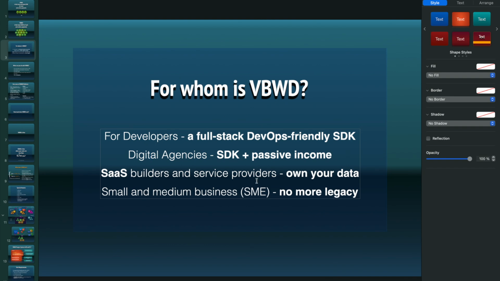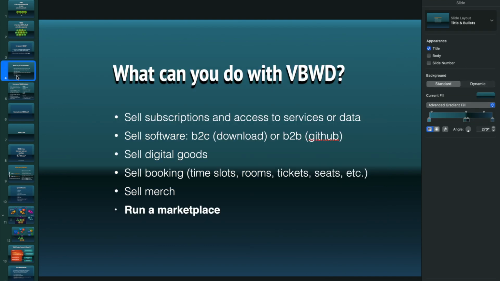So, and this is a different solution from what you can see on the market. What you can do with this: you can sell subscriptions and access to services or your data. You can sell software to download, or it can be B2B. I'll show you later how it works with GitHub.